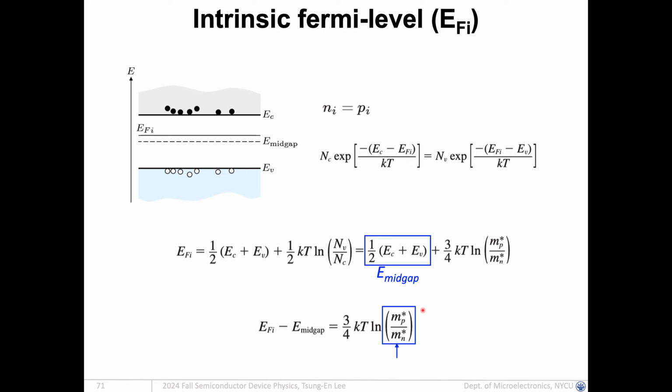But generally, most semiconductors have different effective masses for hole and electron. This value is not large, but there is still a difference. So you have to understand that they are close, but not the same, and that is determined by the effective mass difference between hole and electron.